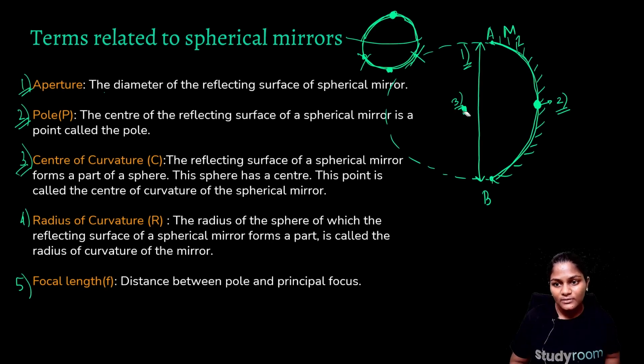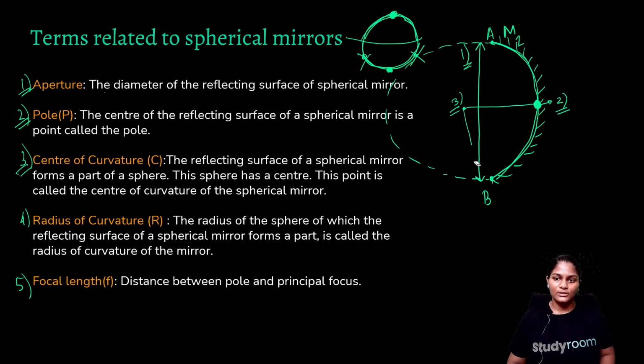So here, what did we mark? Quickly, we marked the center of curvature, this big blob. I can make it a little smaller. This is the center of curvature. And what is the radius? The radius is the distance between the center and any point. Here I've drawn it to the pole.